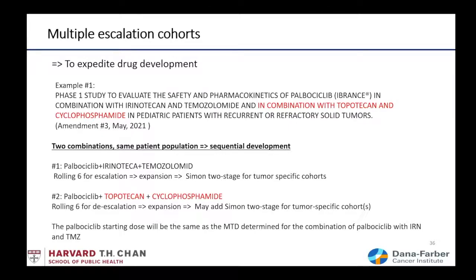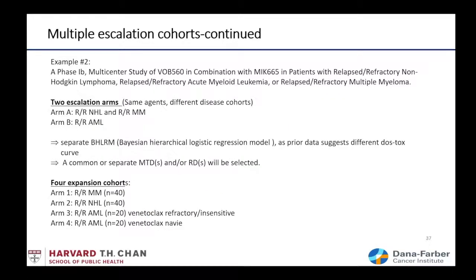Of course, each of them is followed by expansion and also Simon two-stage designs for the expansion cohort. And this is another example. It studies the same combination, the same agent, but in different disease cohorts. Two escalation cohorts: Arm A is for relapsed refractory non-Hodgkin lymphoma and multiple myeloma.